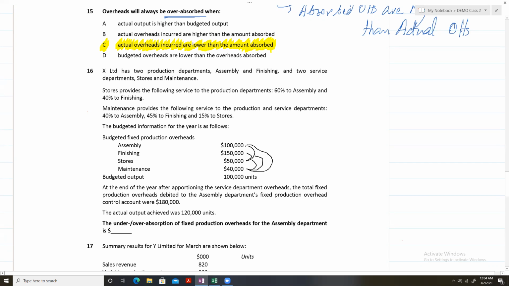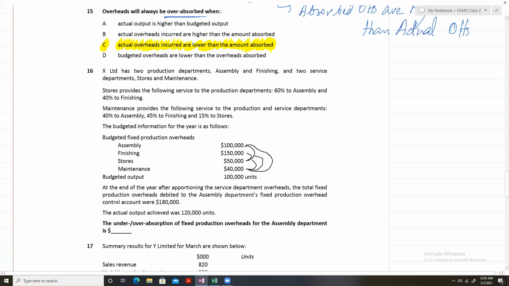Reapportion maintenance overheads to these three departments, and reapportion the total overheads to these two departments, assembly and finishing. Once you are done with the reapportionment, you will determine an overhead absorption rate, and you will find out the over or under absorption of overheads. This is all you need to do in this question.